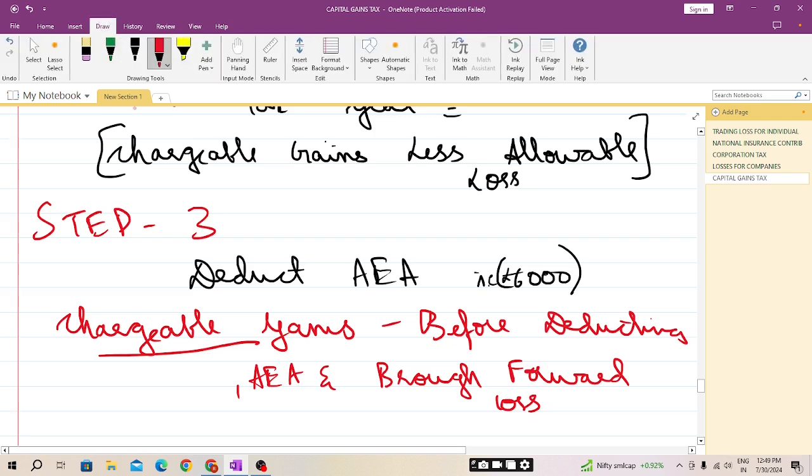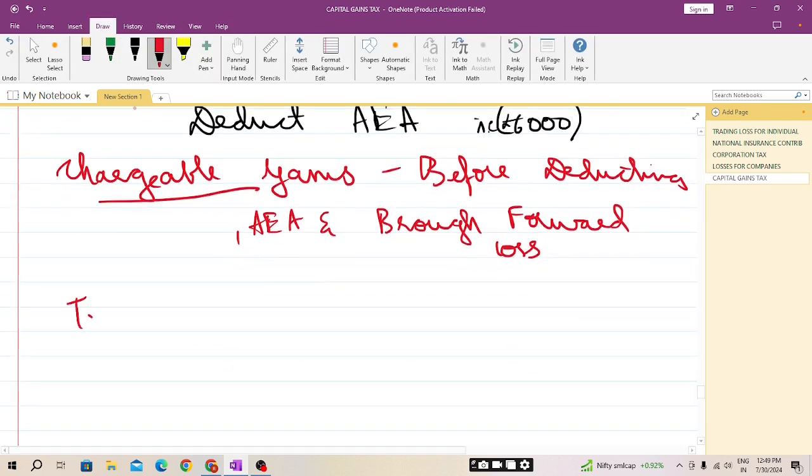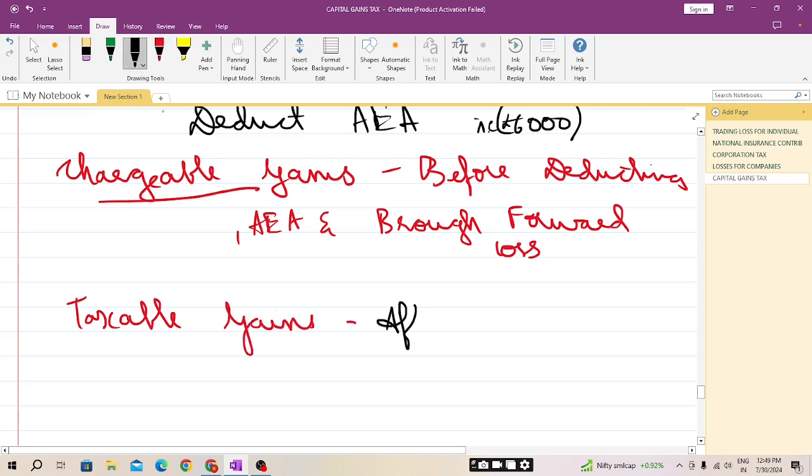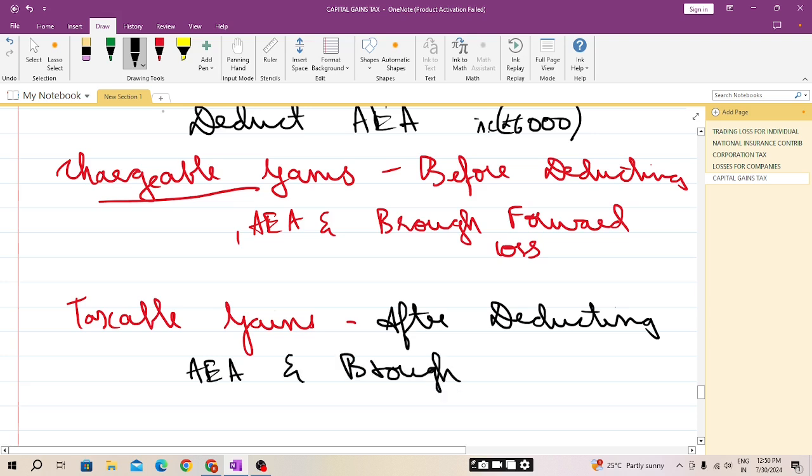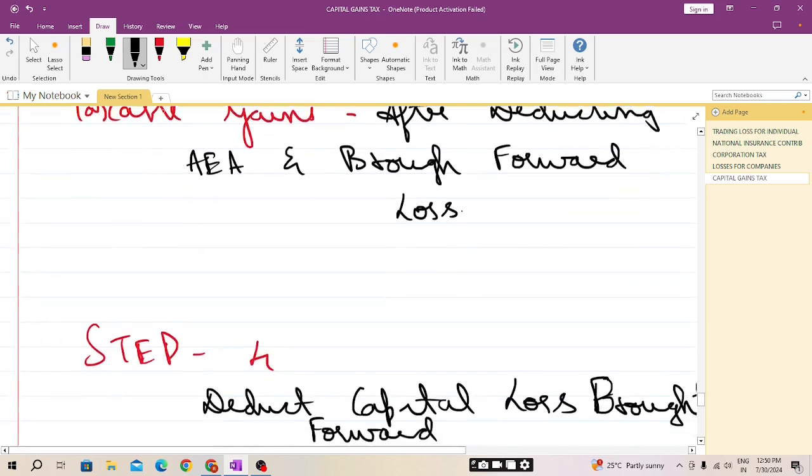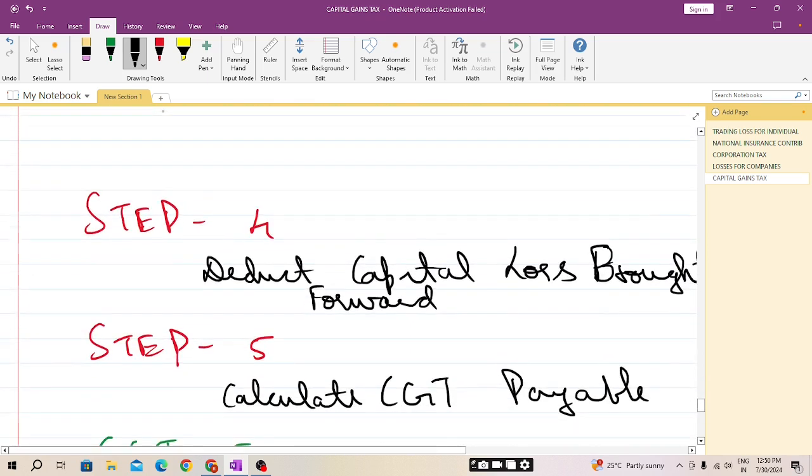But taxable gains means after deducting the AEA and brought forward loss. I hope this point is clear, students.